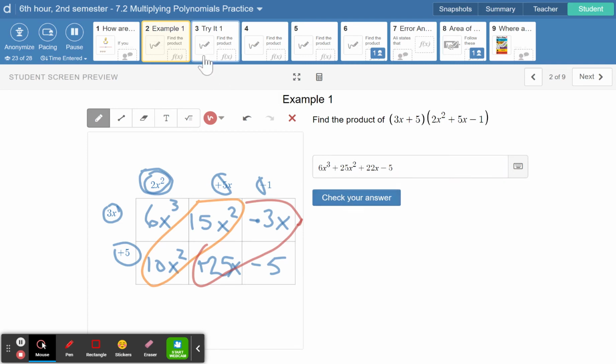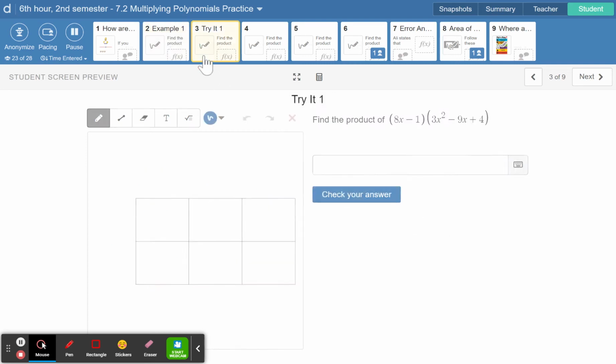Now we're going to do the exact same thing for slide number 3. This time my binomial, my two terms, is 8x and then minus 1. And then my trinomial are those three terms.